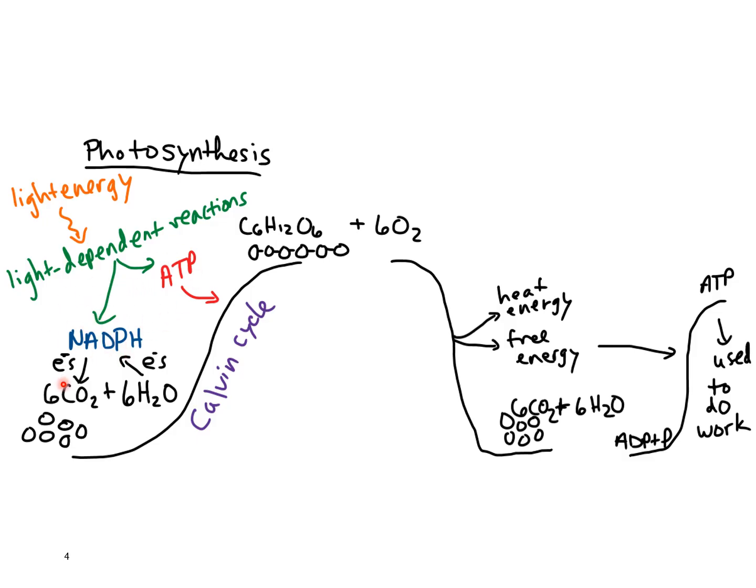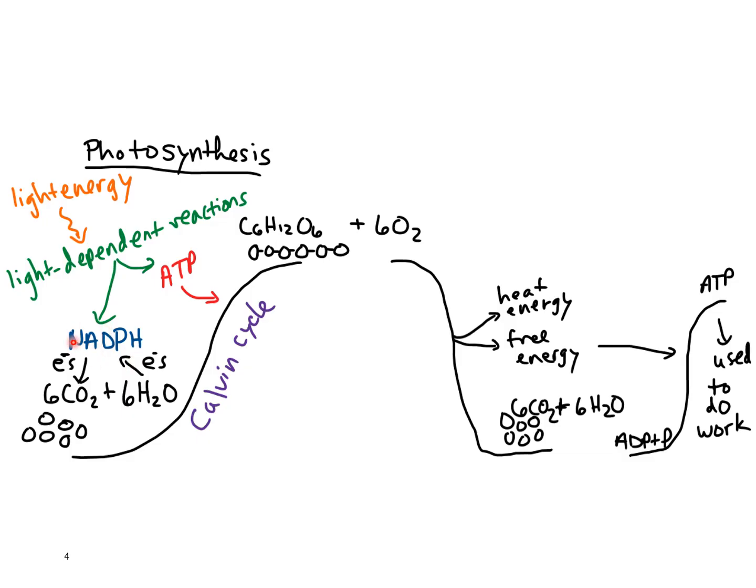And the ATP and NADPH are going to be needed for the second part of photosynthesis, which is the Calvin cycle, which is going to be the part that goes up the hill to combine the carbon dioxide, those carbons together to make the glucose.